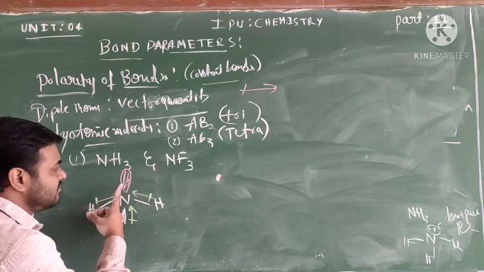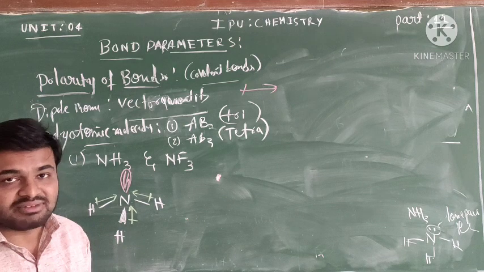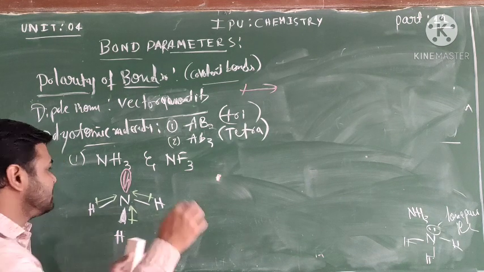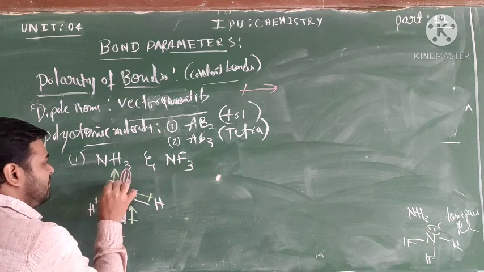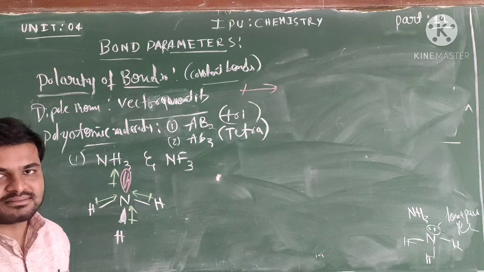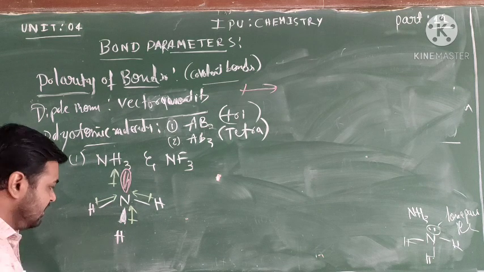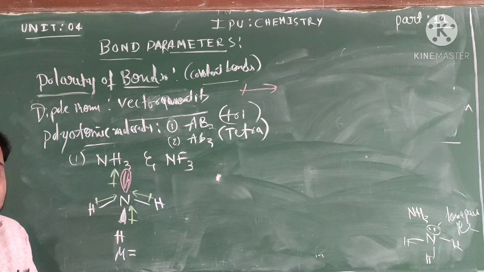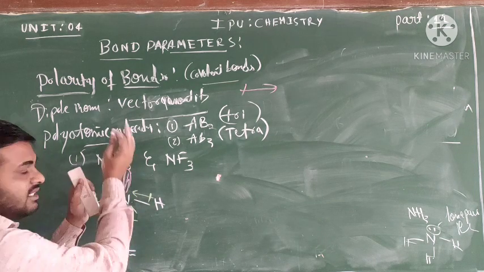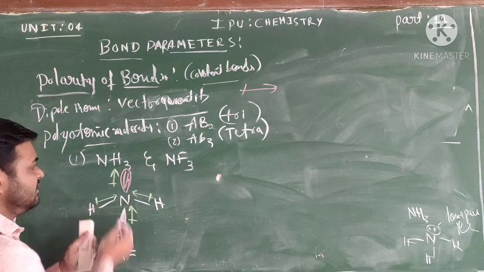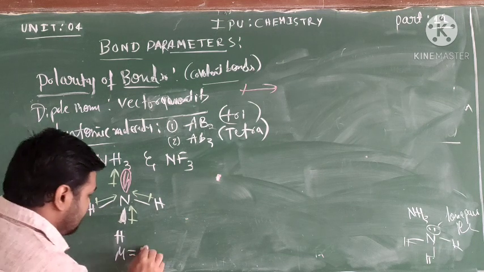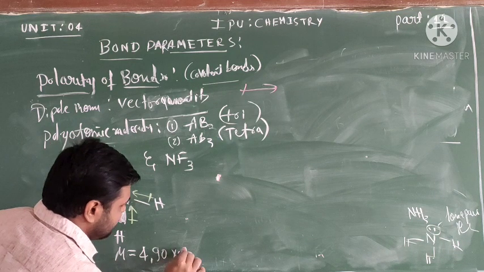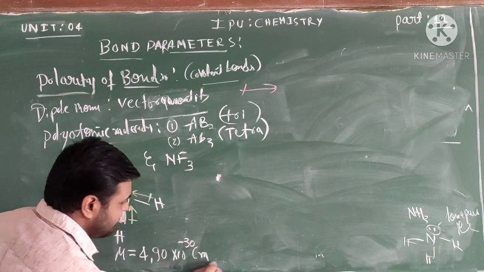The nitrogen atom has one lone pair of electrons, which also contributes, moving in the same direction. So the values of the net dipole moment are not cancelled because of the presence of the lone pair of electrons, which increases the value, and the net dipole moment is 4.90 into 10 to the power of minus 30 coulomb meter.